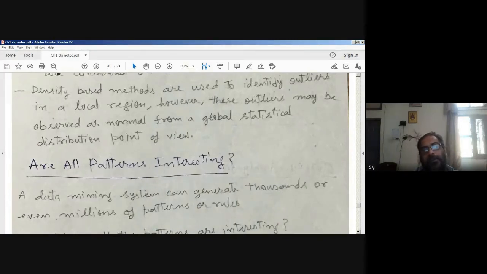Even Kurukshetra, okay. So here we will say Kurukshetra is too far distant from Delhi, or Delhi is too far distant from Kurukshetra. But when we see this thing on the world map, okay, and we see these two cities, they are very close to each other.